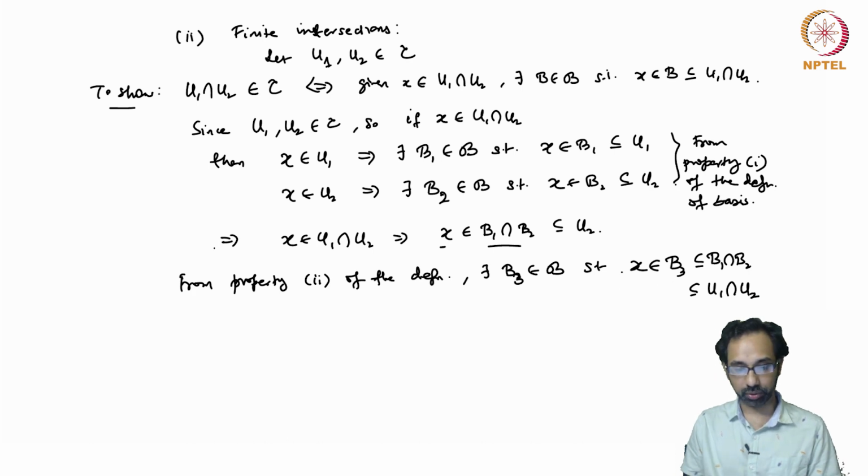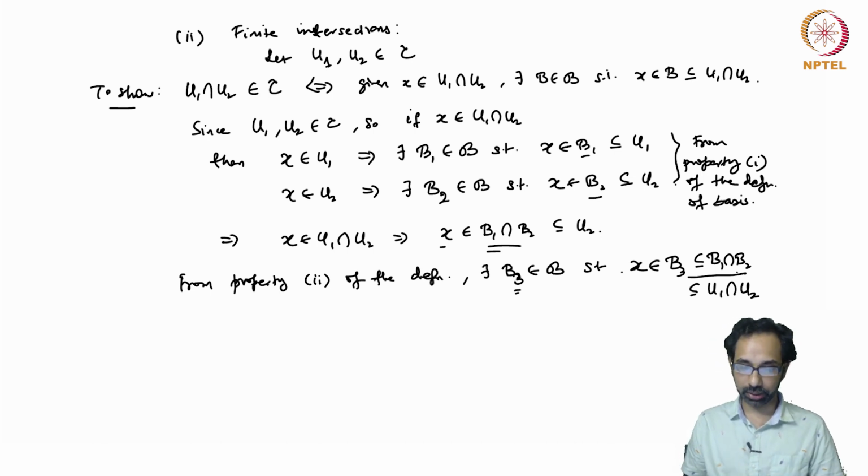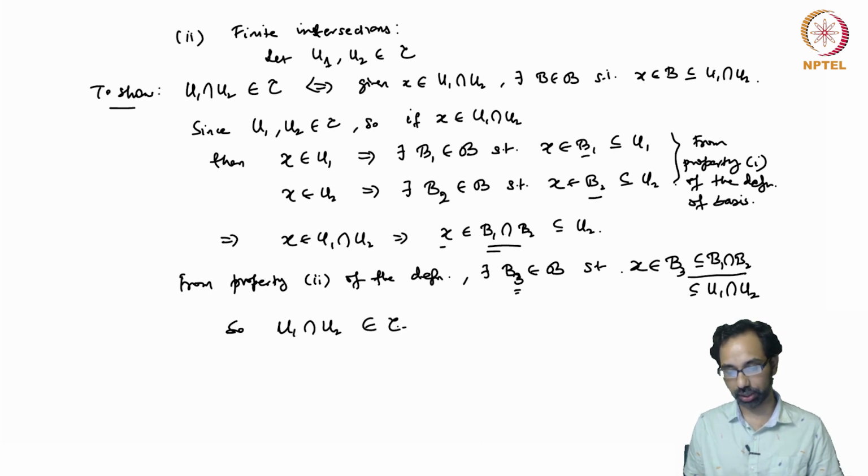So we have used both the properties of the definition of a basis here. The first one to find these basis elements B1 and B2, and the second one to find a basis element B3 that lies inside the intersection B1 intersection B2. So we proved this. So U1 intersection U2 belongs to this collection.